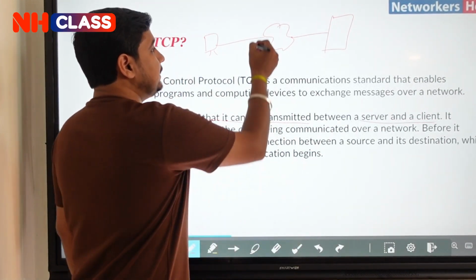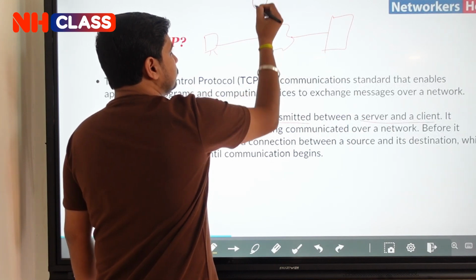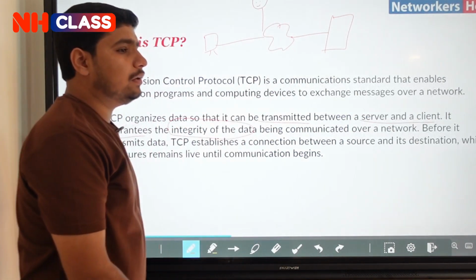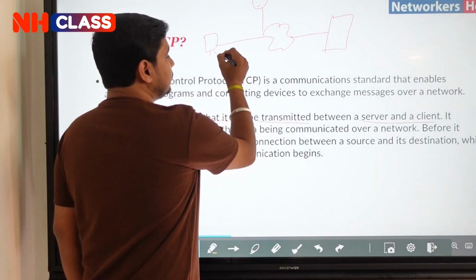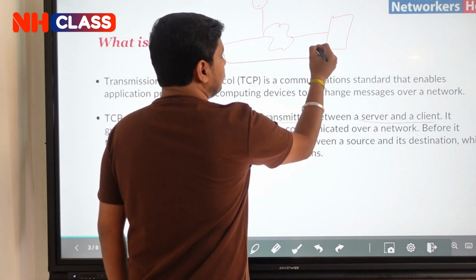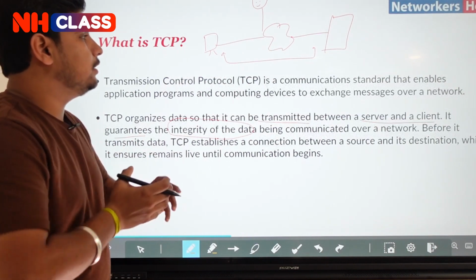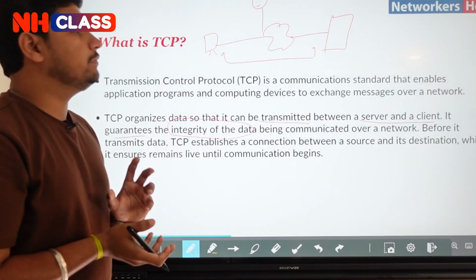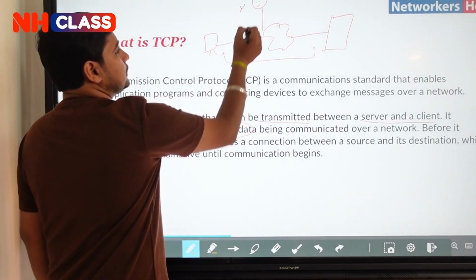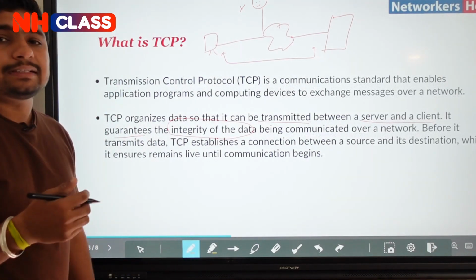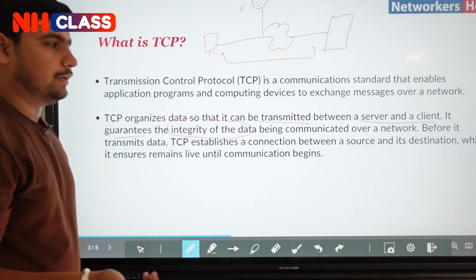Let's consider the attacker is also connected with the internet here. When I exchange data with the server, I want to be sure that the data should not be modified by the third person. So this concept is known as integrity of the data.